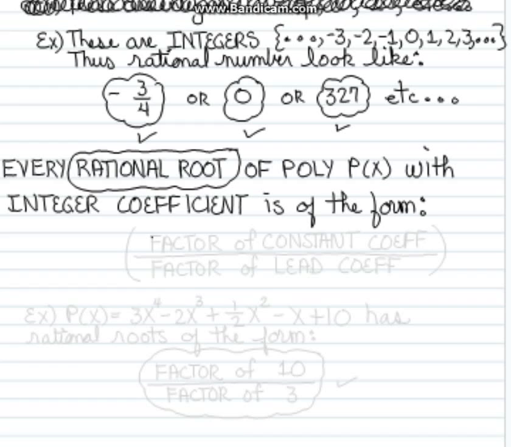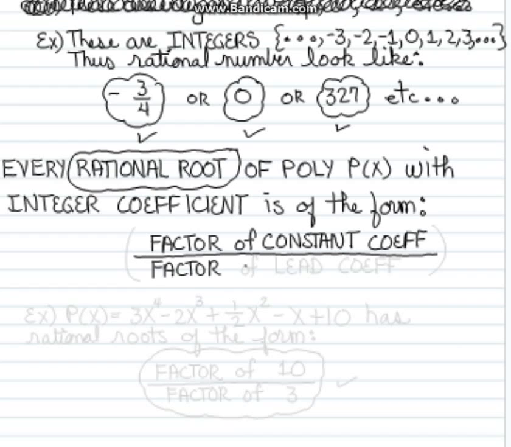Every rational root of a polynomial with integer coefficients is of the form a factor of the constant coefficient of the polynomial divided by a factor of the lead coefficient of the polynomial. Remember, constant is a number at the end that has no x, and the lead is a number multiplying the highest power. We got to see an example.